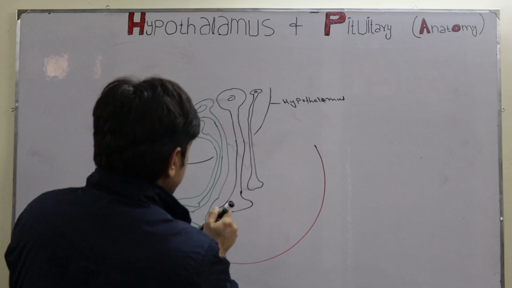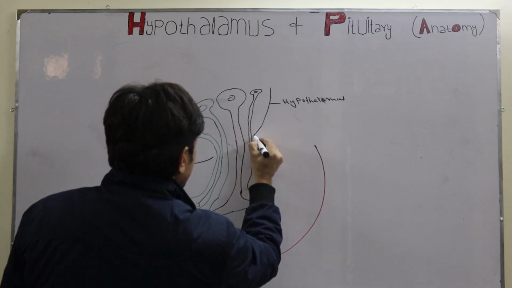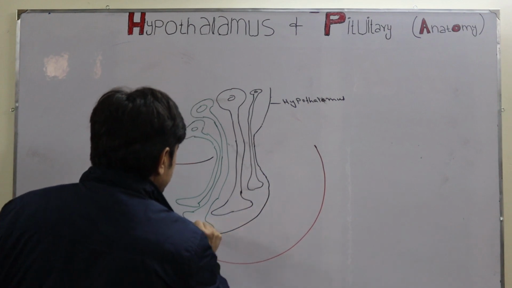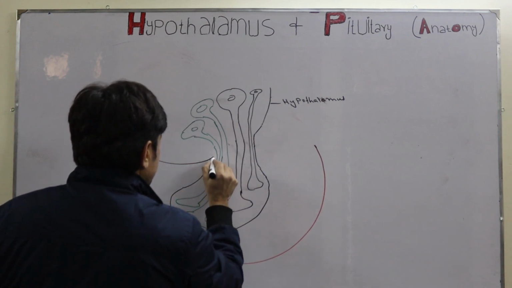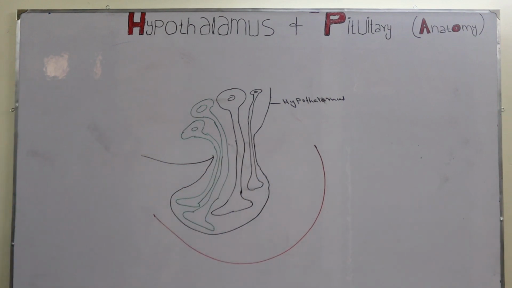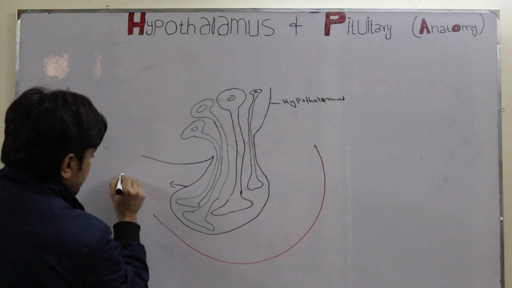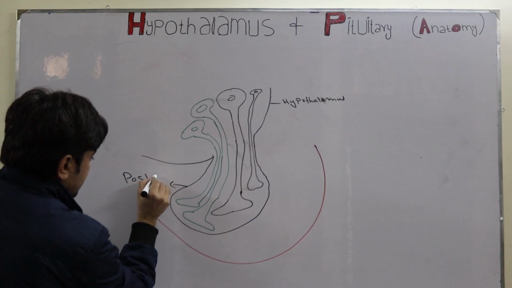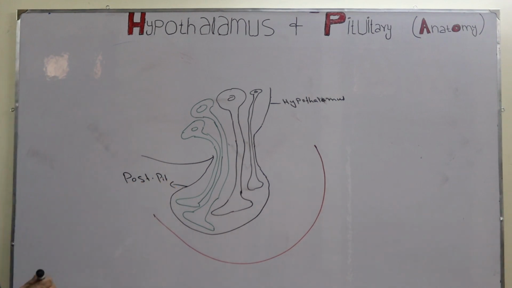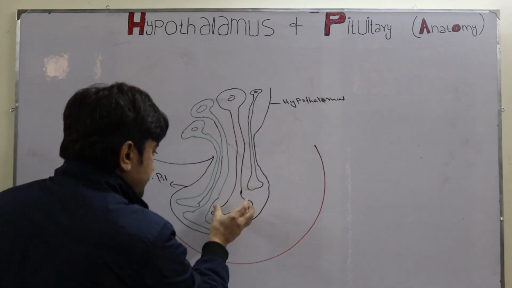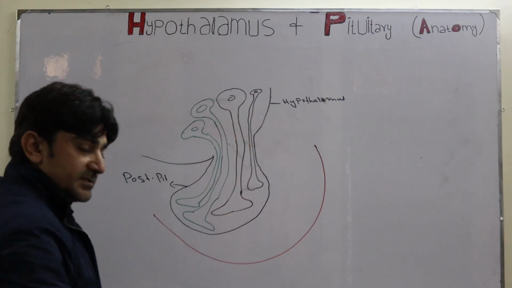All this region where these neurons end, this region is called the posterior pituitary, which consists of projections of axons from the hypothalamus.